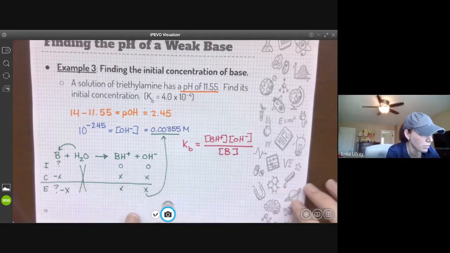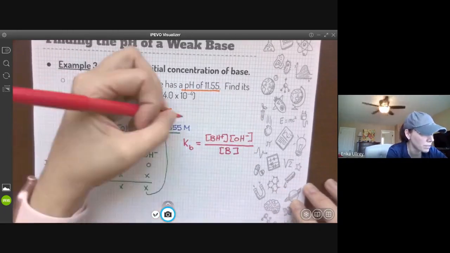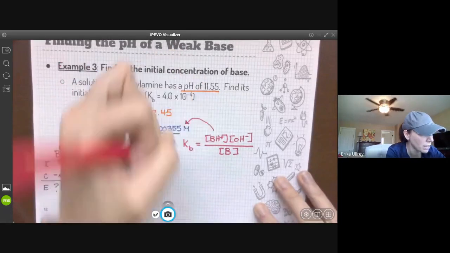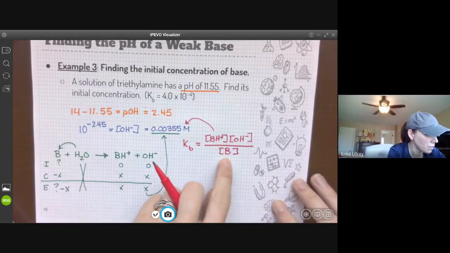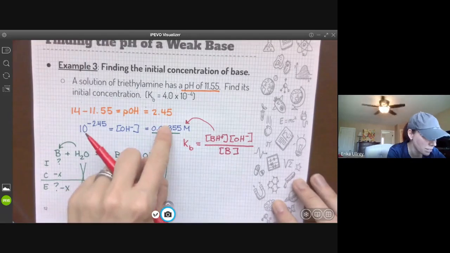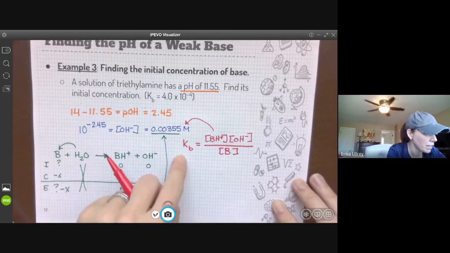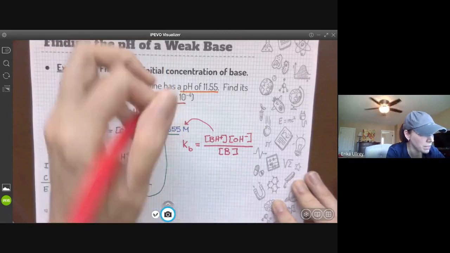Okay. So we know these two numbers because they are equal to that number there. The bottom number is going to be something minus this number. And we know Kb because that's given to us right up here.